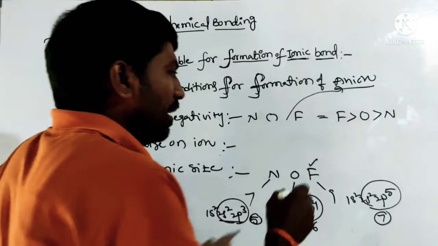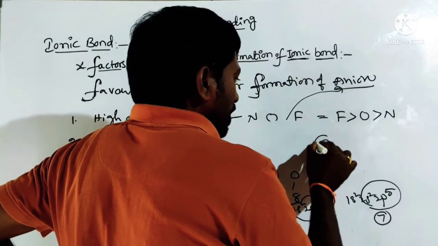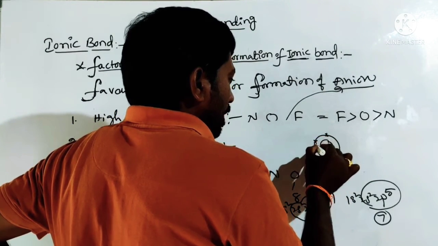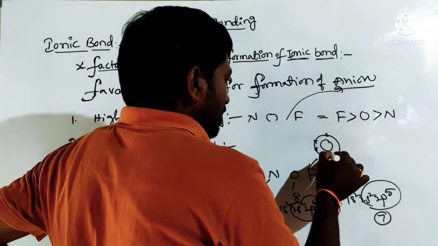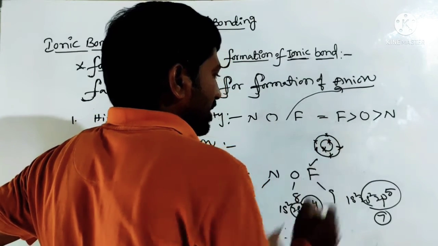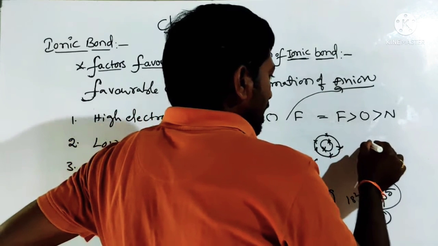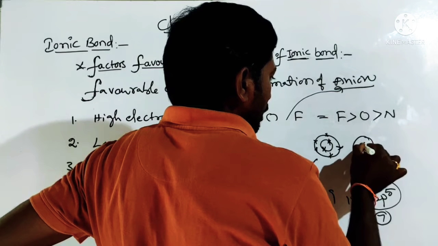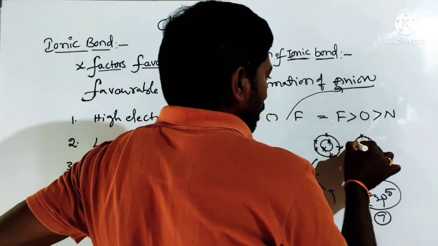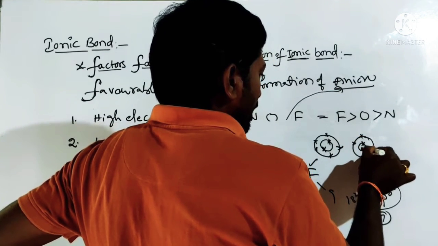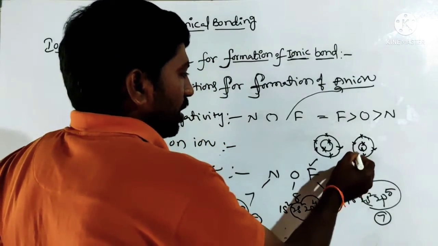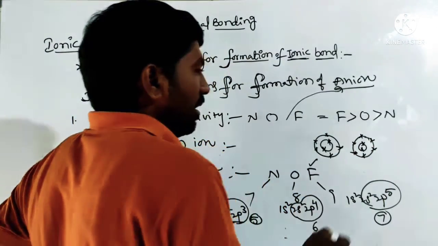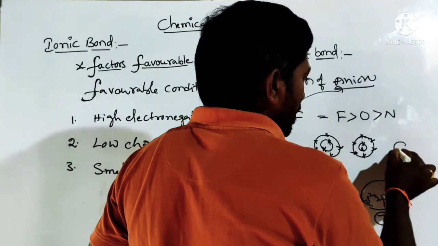Valency. What happened? Nitrogen has 2 shells: 5 valence electrons and 2 inner electrons. For oxygen, 6 valence electrons and 2 inside.